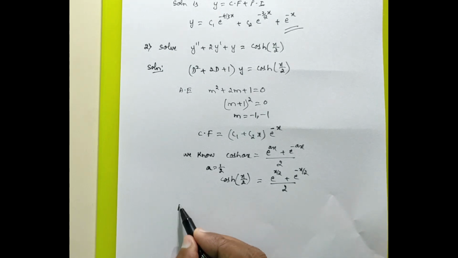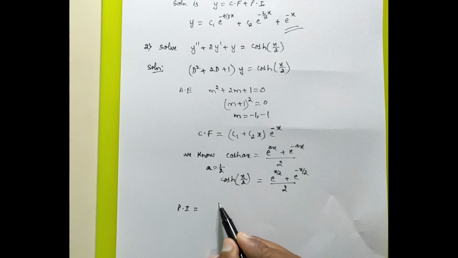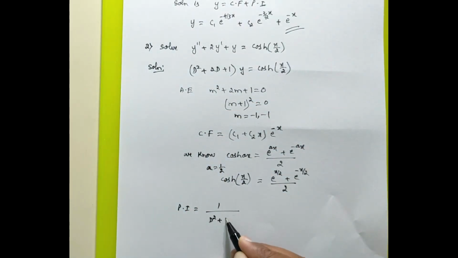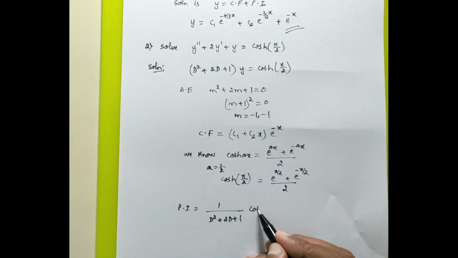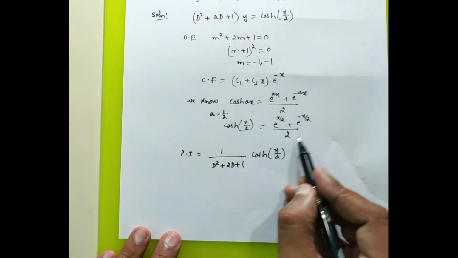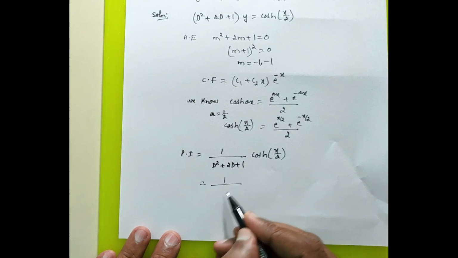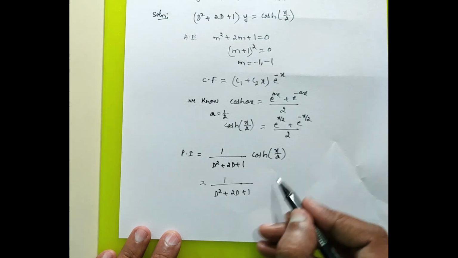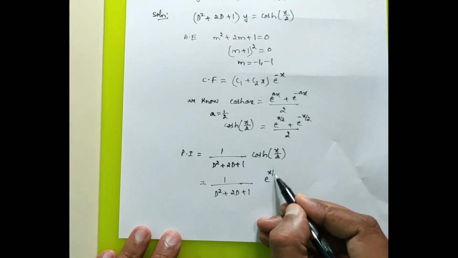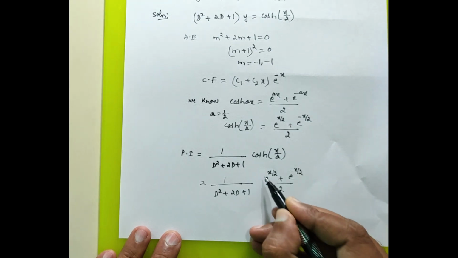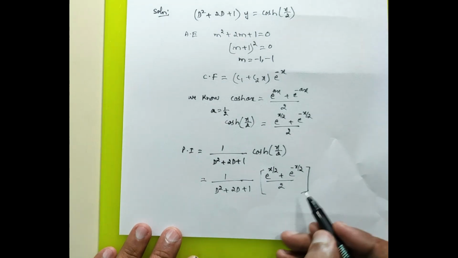Now the particular integral will be 1/(D² + 2D + 1) times the right hand side, cosh(x/2). But the value of cosh(x/2) has been obtained over here. You can write it as 1/(D² + 2D + 1) times (e^(x/2) + e^(-x/2))/2. Let us try to simplify this.